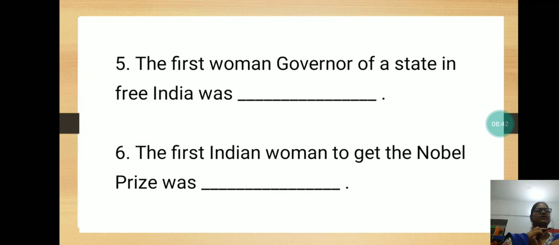And the first Indian woman to get the Nobel Prize. This was Mother Teresa. And the first woman governor of a state in Free India was Sarojini Naidu.